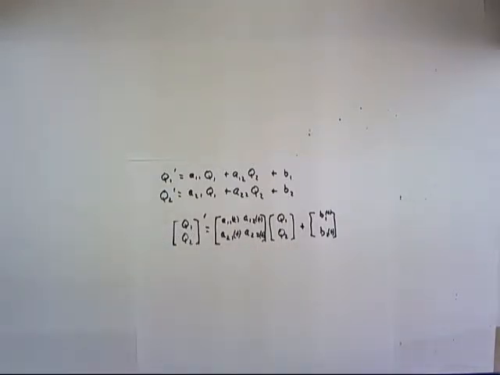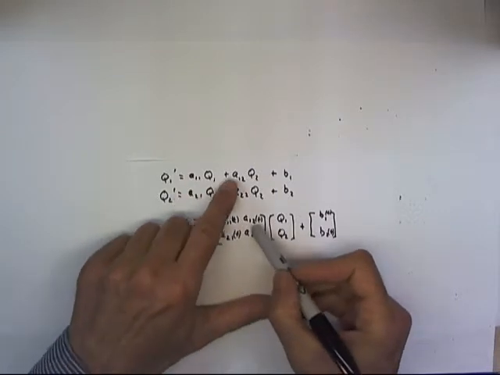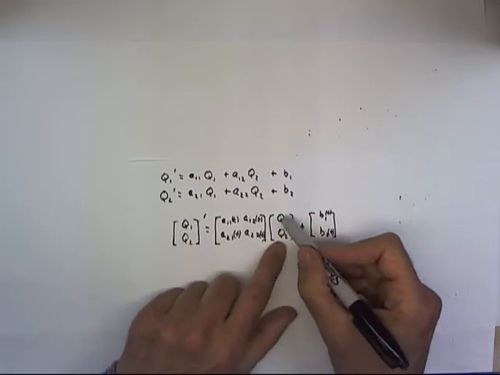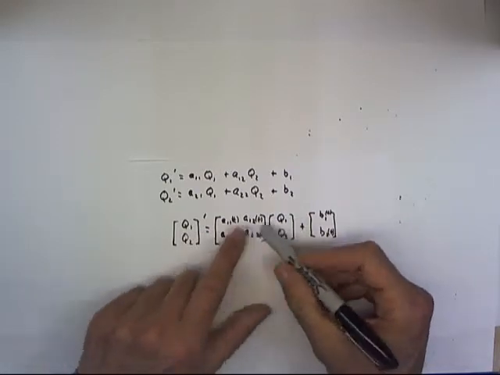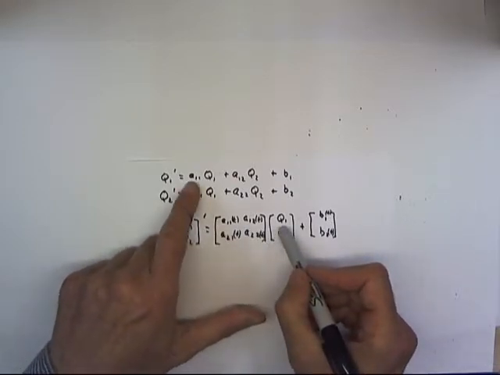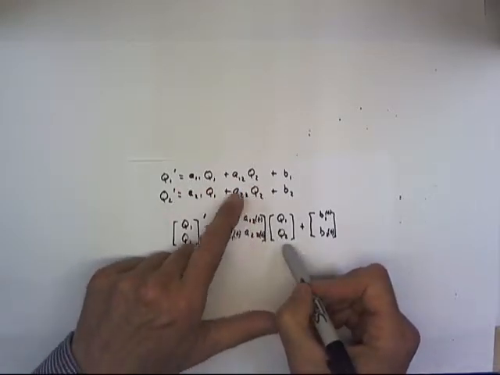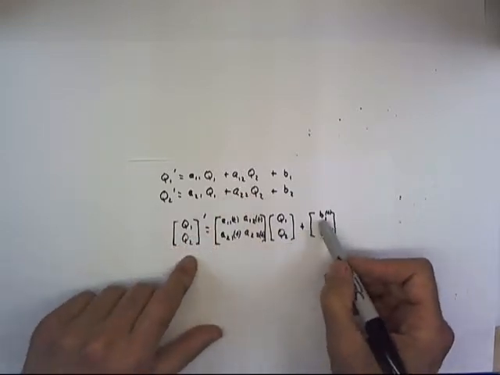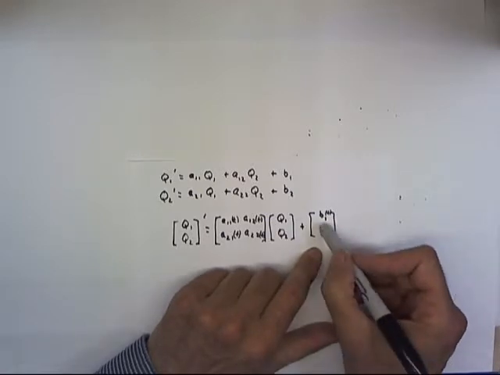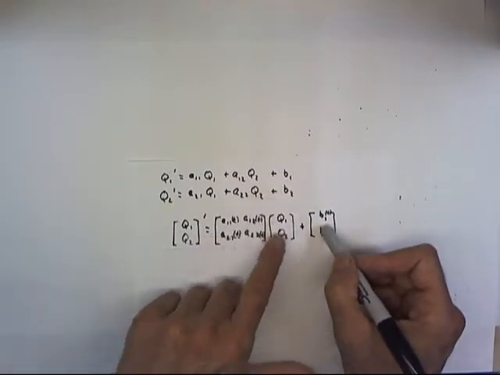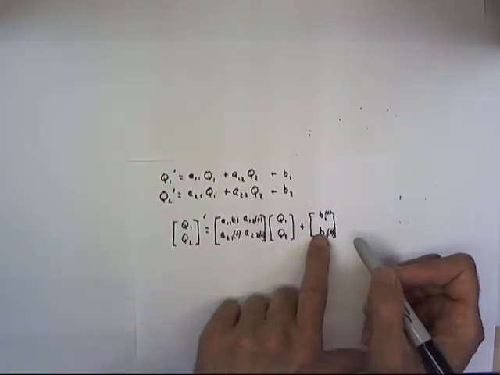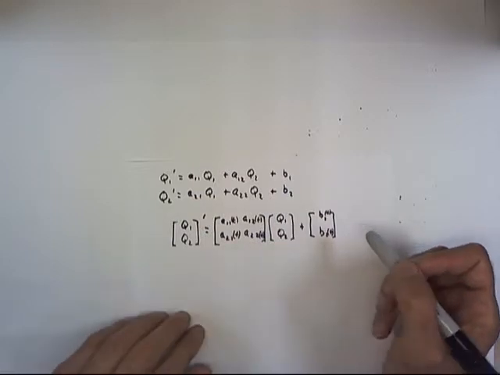And the matrix is just A11, A12, A21, A22, which will be multiplied by the column vector Q1, Q2, so that if we multiply this out, our first row will have A11 Q1, A12 Q2. And the first row of this last vector, B1, B2, is going to be B1, and our first row then matches the first equation. The second row of this matrix product will match the second equation.